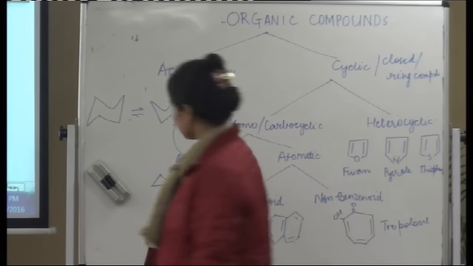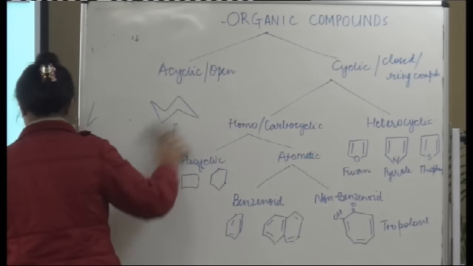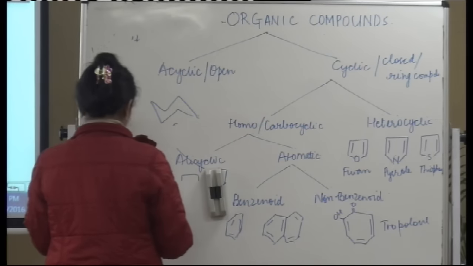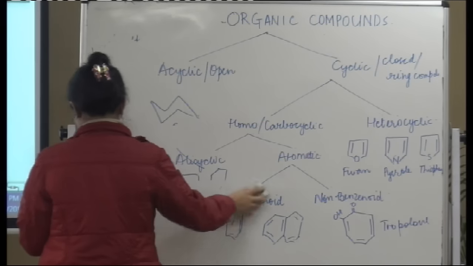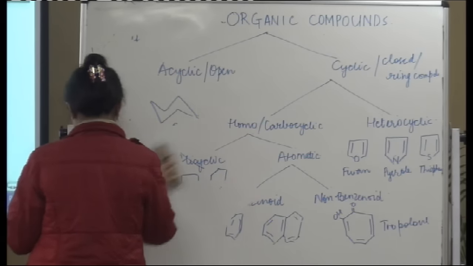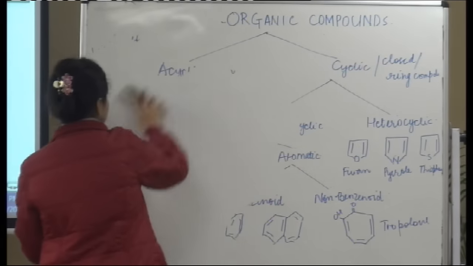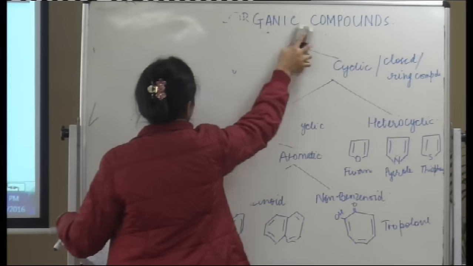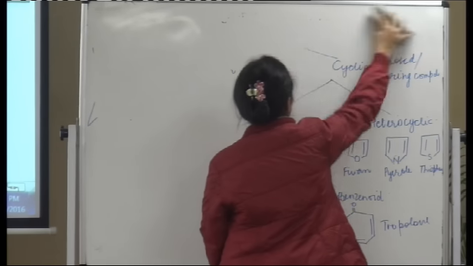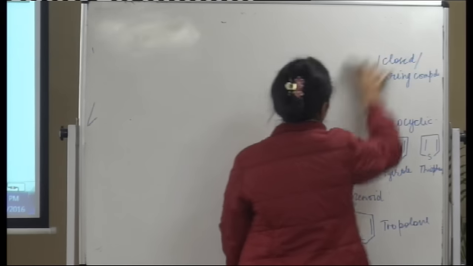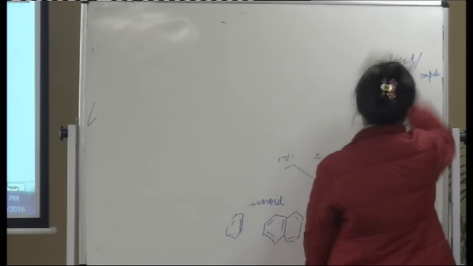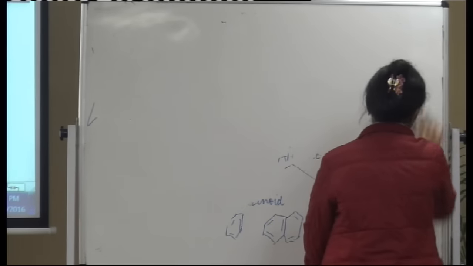So done. Then there are various ways of representing a molecule. I talked about the condensed and structural formula and the zigzag form. There's another way of representing your molecule, and that is the wedge and dash projection, also known as the flying wedge projection.